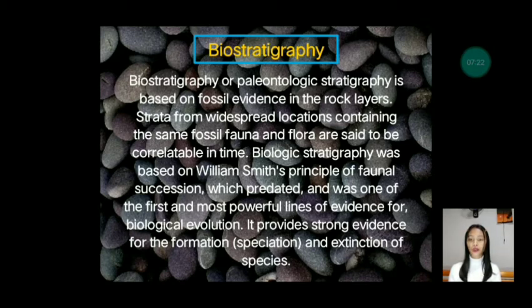Biologic stratigraphy was based on William Smith's principle of faunal succession, which predated and was one of the first and most powerful lines of evidence for biological evolution. It provides strong evidence for the formation of species, or speciation, and extinction of species.